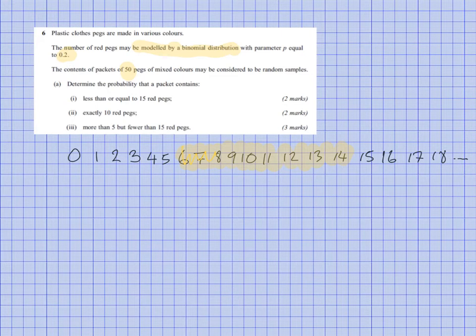Now we need to remember that the calculator can only do less than or equal to's. So what I'm going to do is get the calculator to find the probability of less than or equal to 14, and then subtract the probability of less than or equal to 5. That will leave that gap in the middle there, the bit that we actually want.